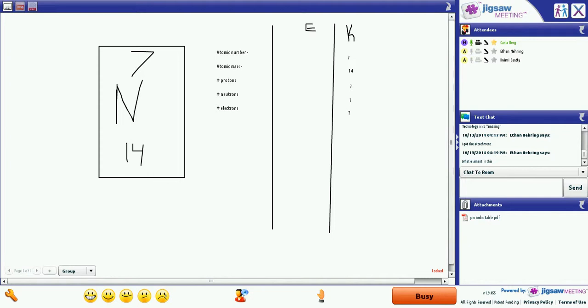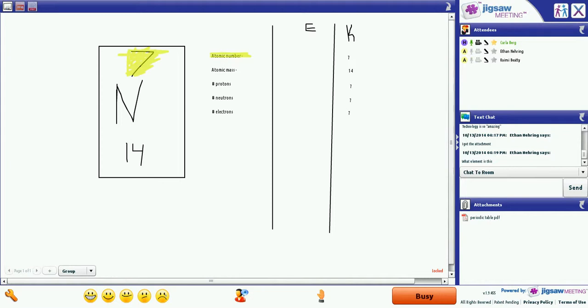Okay, so we'll just go over real quick the atomic number, Ethan. And I'm going to go ahead and draw some arrows here. The atomic number is this number right here that I'm highlighting in yellow, and it is equal to this number 7 right here that I'm highlighting in yellow.